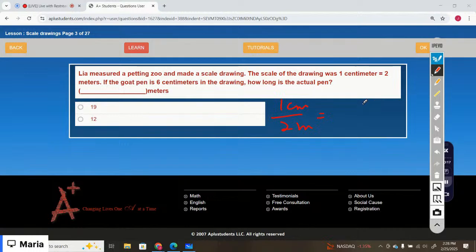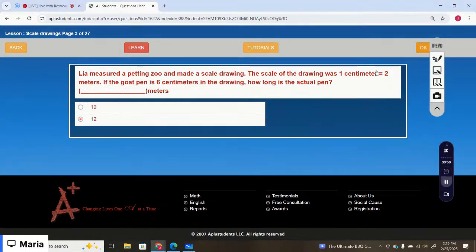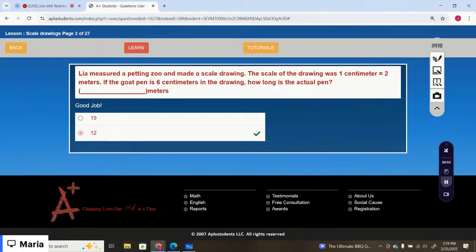If the goat pen is 6 centimeters in the drawing, how long is the actual pen? 1 times 6 is 6, and 2 times 6 is 12. Option number 2 is the correct option.